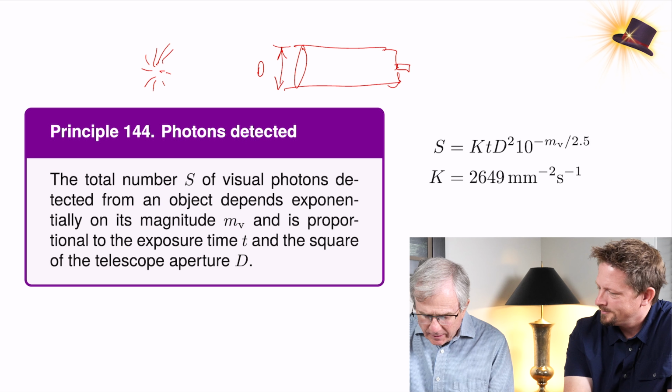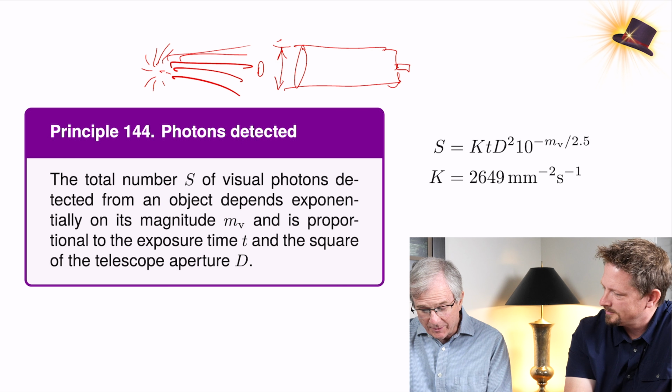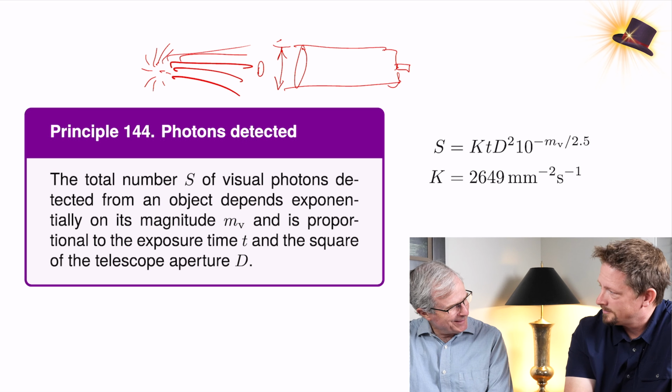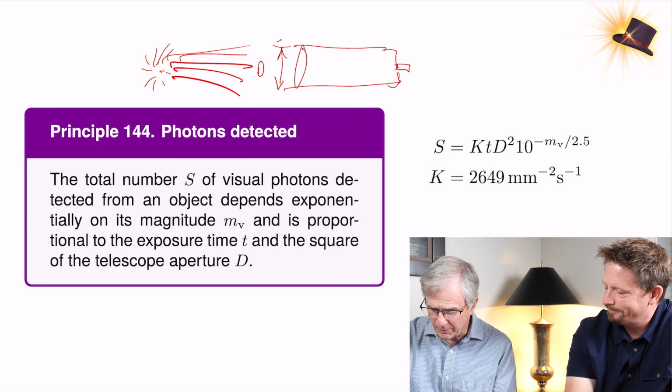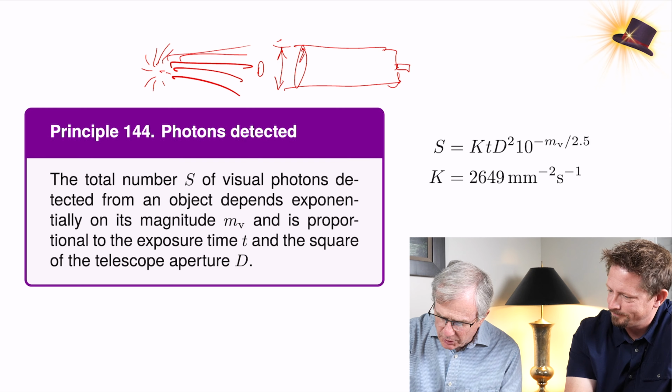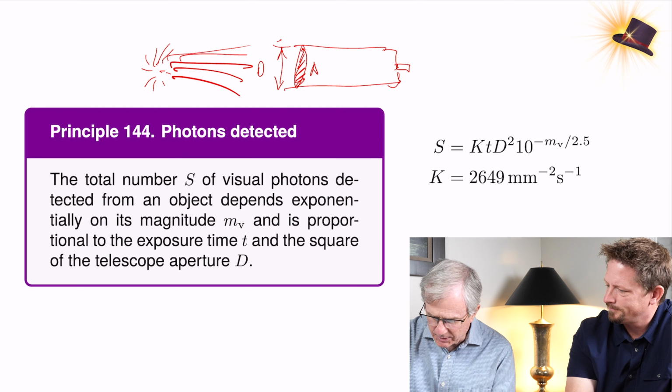The amount of light that you should be able to collect from this star had darn well better depend on the aperture of your telescope. The bigger the aperture, the more light you expect to find. And really it should depend on the actual cross-sectional area of your main lens or mirror.